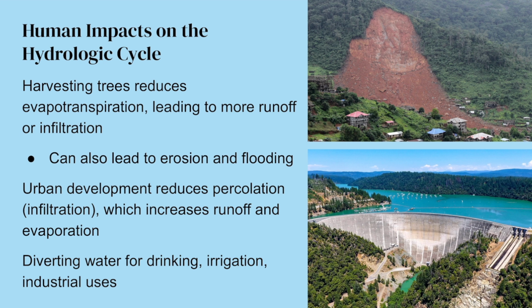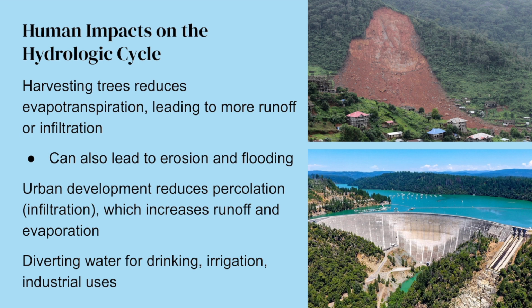So when you are absorbing less water by roots, more water is infiltrating into the ground, and also fewer roots are holding that soil in place. So if that soil becomes really waterlogged, that's when we can get erosion, we can get mudslides happening, and other negative impacts from actually harvesting those trees and taking away that kind of water storage area.